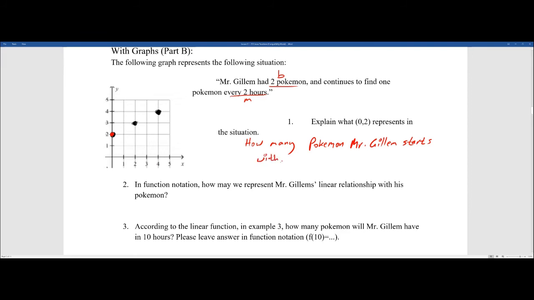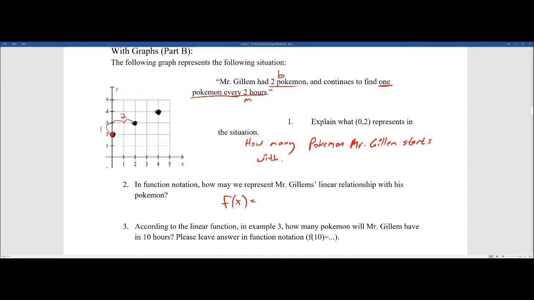All right. Now, number 2, in function notation, how may we represent Mr. Gillum's linear relationship with his Pokemon? Well, the function of his Pokemon equals, let's see, what's his rate of change? He goes up 1 over 2. Notice how he finds 1 Pokemon for every 2 hours.